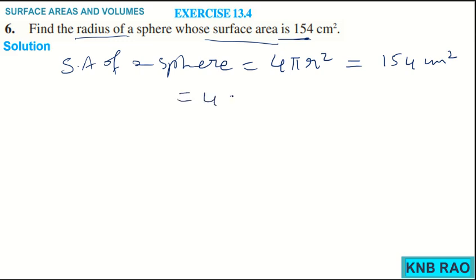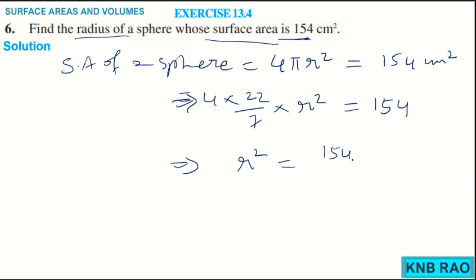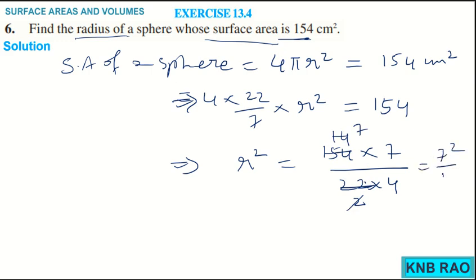That means 4 into 22 by 7 into r square, which we do not know, radius yet to be found, equals 154, and it implies 4 into 22 by 7 will go that side and cancels this 154, 154 into 7 by 22 into 4. So, 11 2s are 22, 14s are 2, 7s are 7. So, we have got 7 square by 4, which is nothing but, we can say, 7 square by 2 square. Why? Because 4 is 2 square.